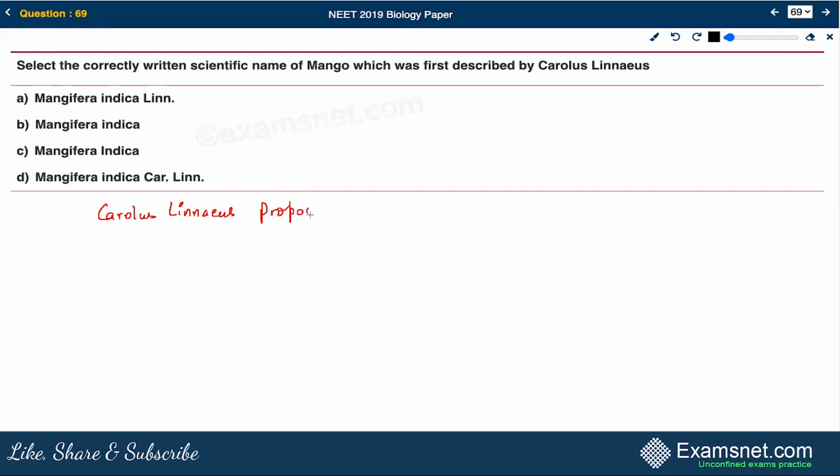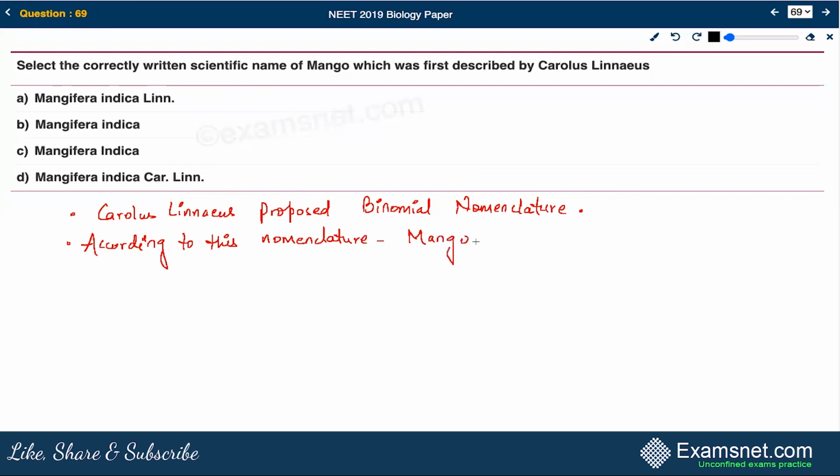So basically, Carolus Linnaeus proposed binomial nomenclature. And according to this nomenclature, mango is basically written as, the scientific name of mango, let me tell you, is Mangifera indica.